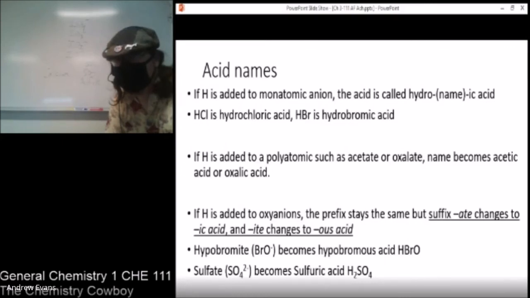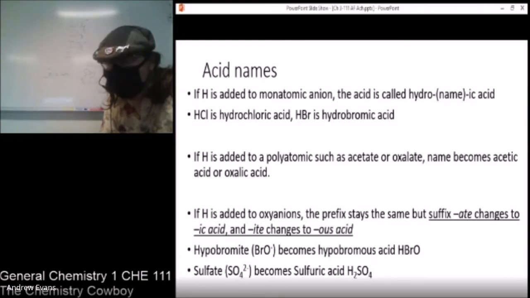So instead of saying hydrogen bromide, we call it hydrobromic acid. Hydrogen chloride becomes hydrochloric acid. Hydrogen sulfide would be hydrosulfuric acid.